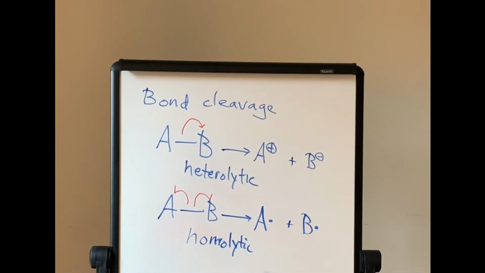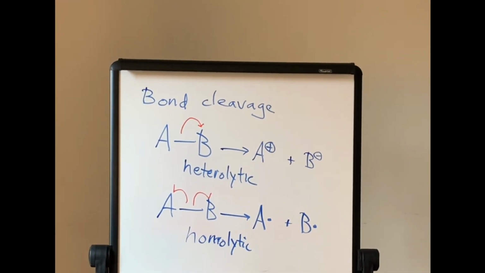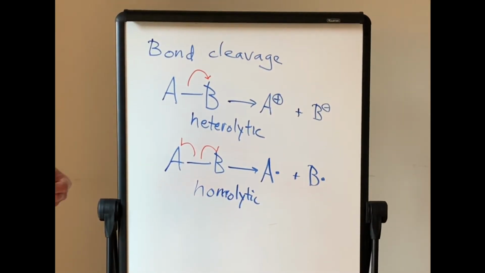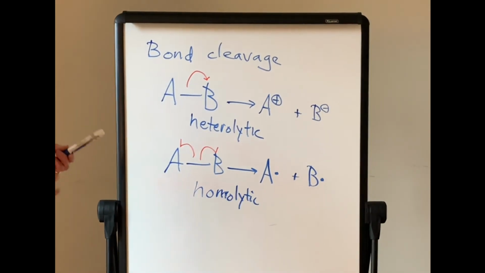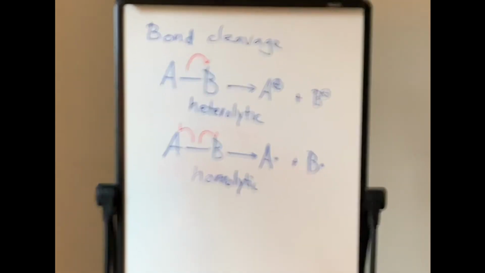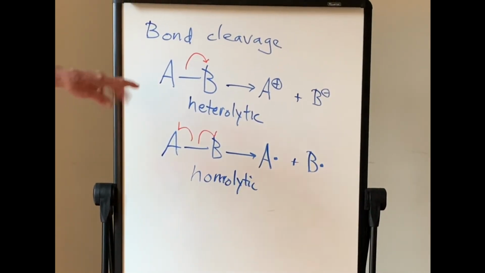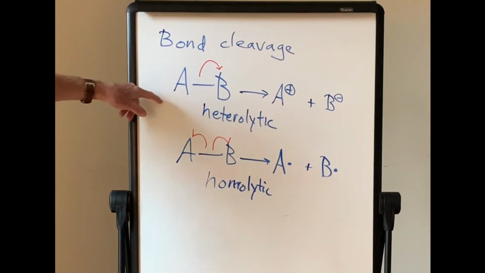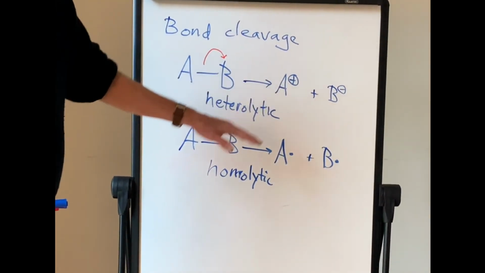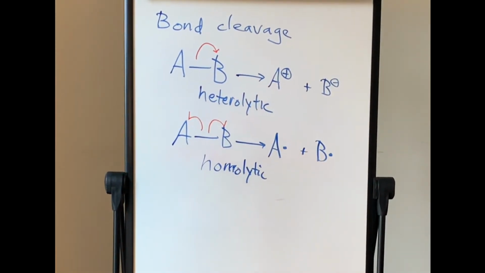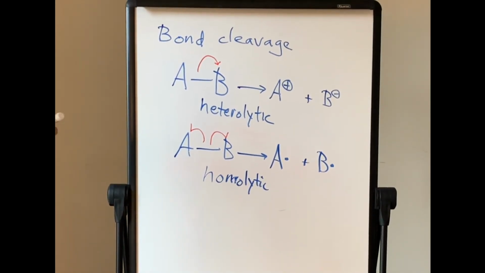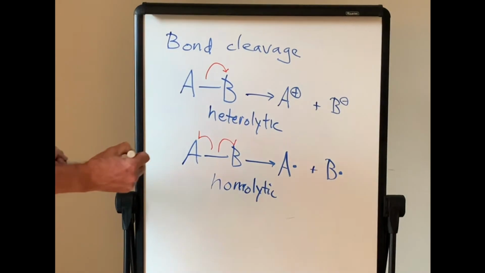It's almost self-evident, but I will point out that it's important in this business. It's not hard, but these are terms that I would like you to understand and not let go of. A heterolytic cleavage produces ionic species. A homolytic cleavage produces what are called, and again, this is another new word, radicals.